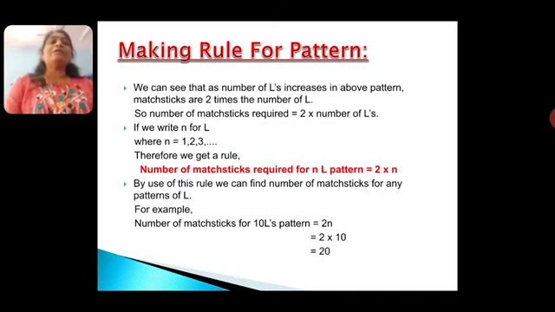If we write n for L, where n is equal to 1, 2, 3 and so on, we get a common rule: number of matchsticks required for n L pattern is equal to 2 into n, where n is the number of Ls. By use of this rule, we can find number of matchsticks for any L pattern. For example, number of matchsticks for 10 L patterns is equal to 2 into n equals 2 into 10, 20.